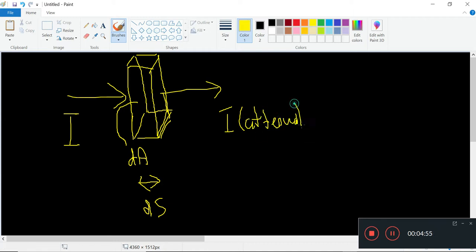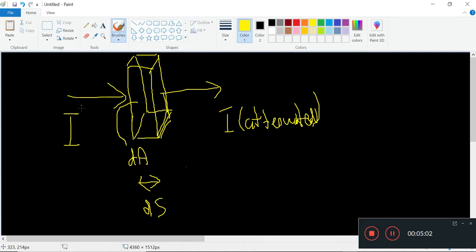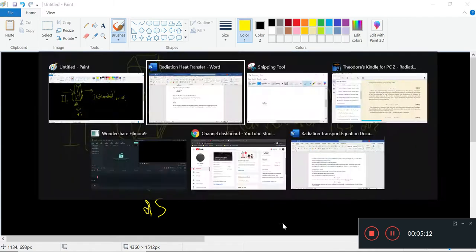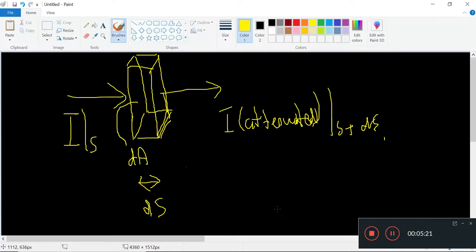And then we can of course do a very simple differential equation. So this is I at S, and this is I at S plus ds. Let's do a quick energy balance.